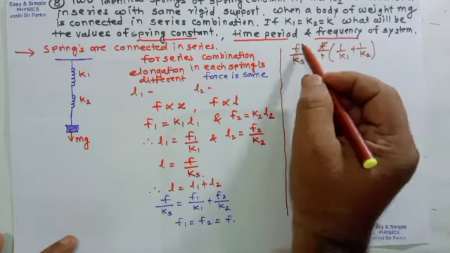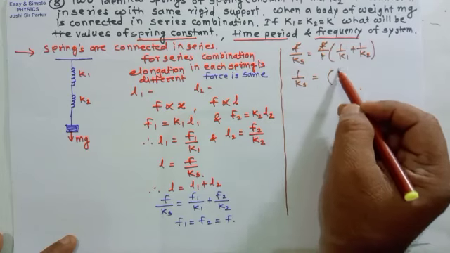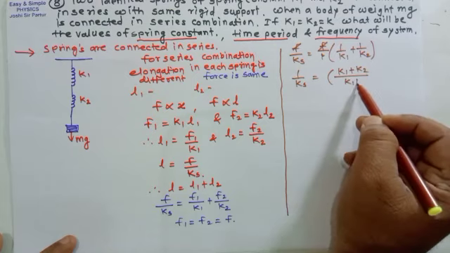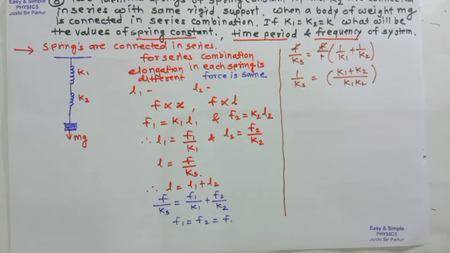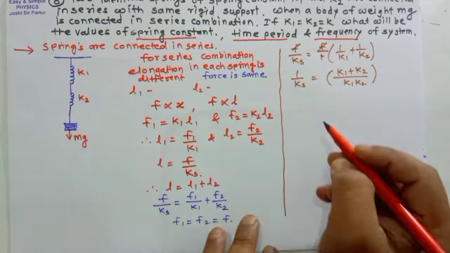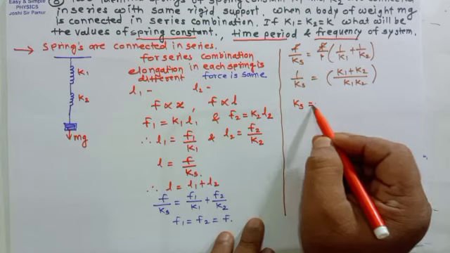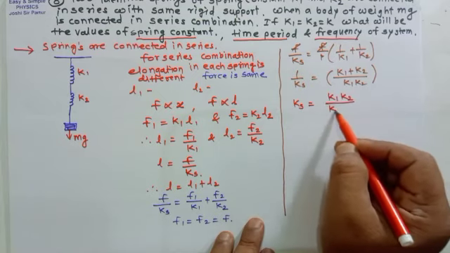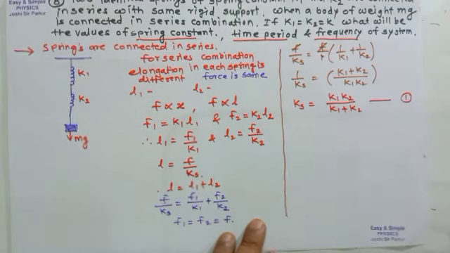F gets cancelled. So 1 upon Ks is equal to K1 plus K2 upon K1 K2. By shifting in numerator, we can write the spring constant. The first answer, spring constant for series combination will be K1 K2 upon K1 plus K2. That is the first answer.